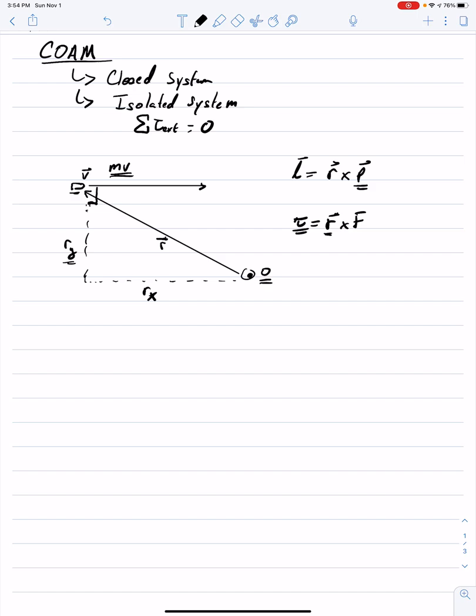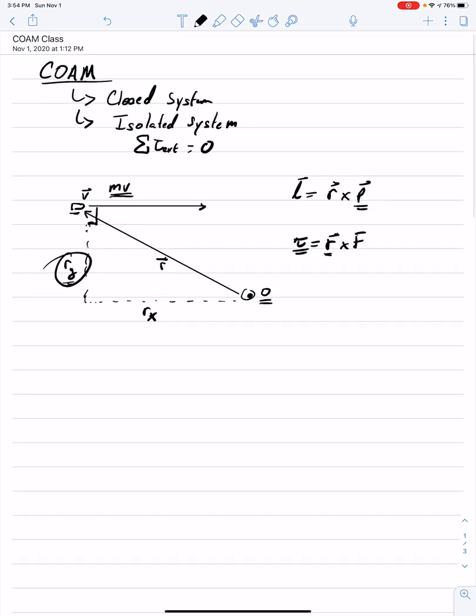So you would have to find the component of ry in order to find the angular momentum of this bullet. Okay? It has to be perpendicular. So let's say this is momentum, mv. It has to follow a 90-degree angle in order to be multiplied.